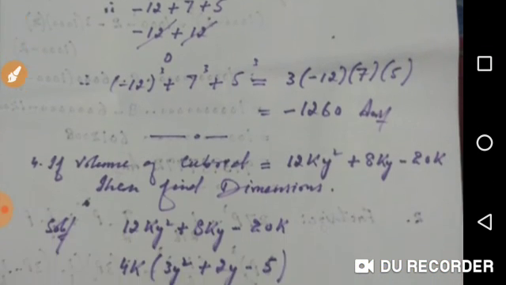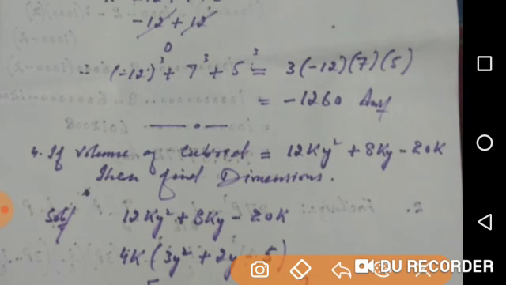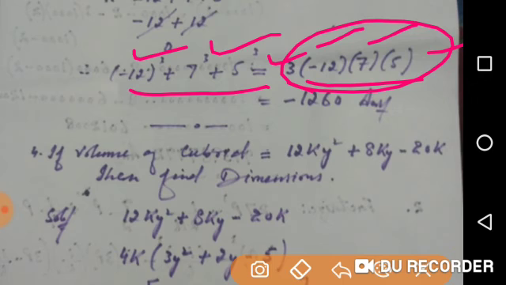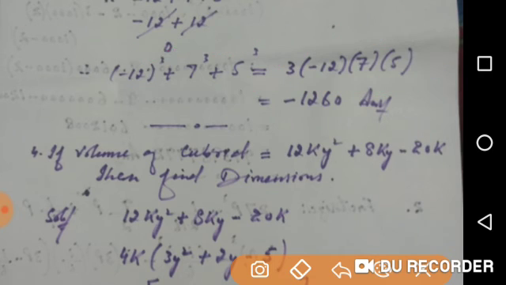So it means a plus b plus c is here equal to 0. So a cube plus b cube plus c cube is 3abc. So 3, then a is minus 12 as it is given here, b is 7, c is 5, then multiply them together, you will get the answer as minus 1260.